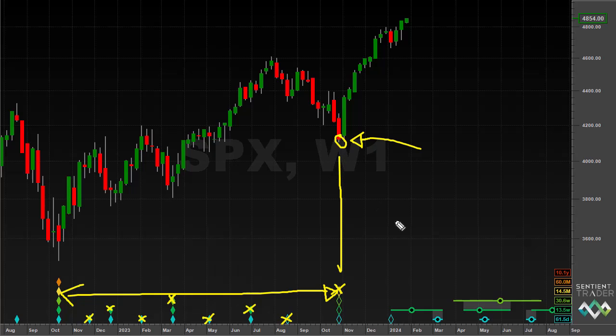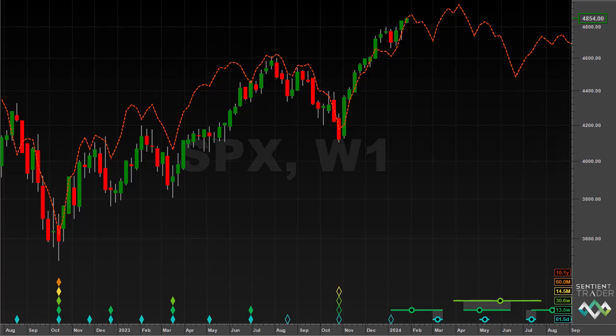But before we take a look at the detail and discuss what happened last week and what insight the 20-day cycle FLD gave us, let's quickly consider what the difference is in terms of the magnitude of that trough last year. Perhaps the easiest way to understand the implications in the difference between two analyses is to take a look at the composite model line, which is this dashed orange line on our chart.